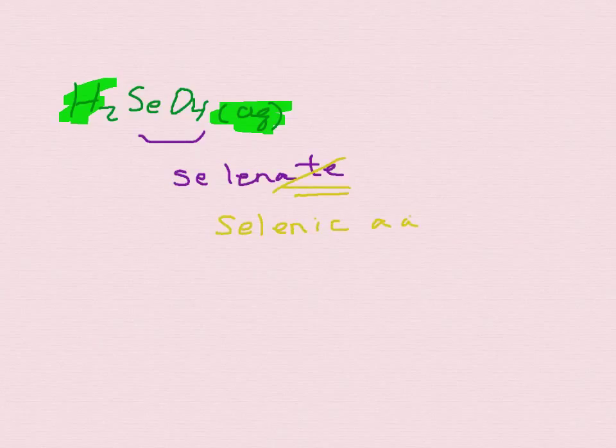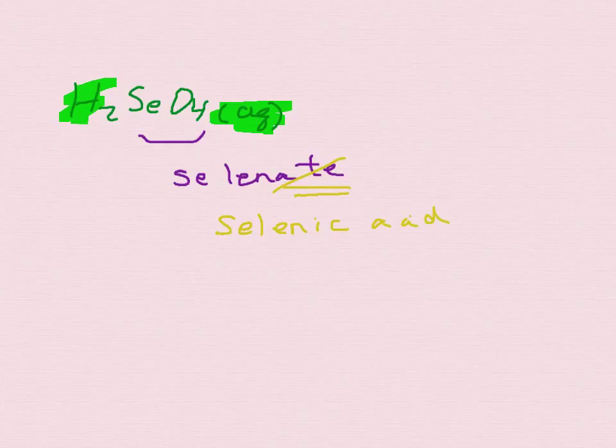To name an acid, you need to know the name of your anion. We look up SeO4 in our table. We see that it's selenate. The rule states that you take off the ending, what we call our suffix, ATE, and replace it with an ic. Therefore, this becomes selenic acid. Not terribly common, but definitely something you should be able to name.